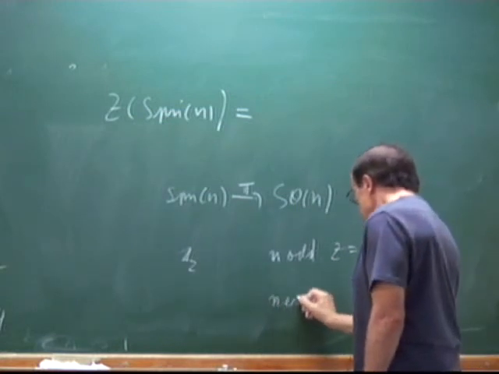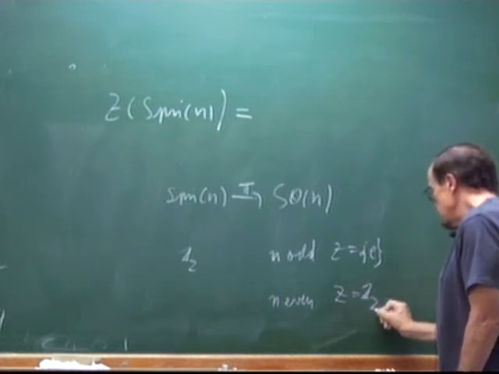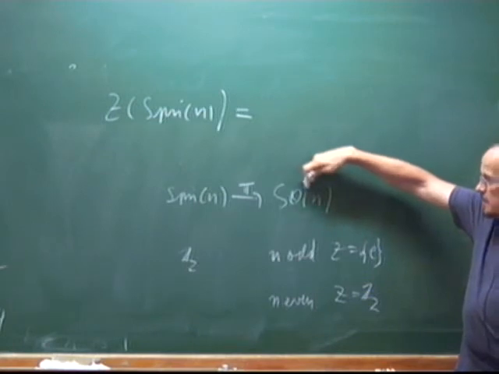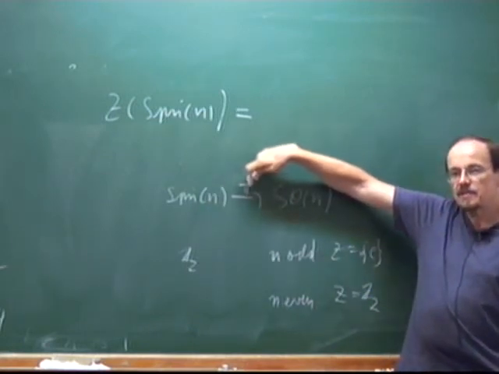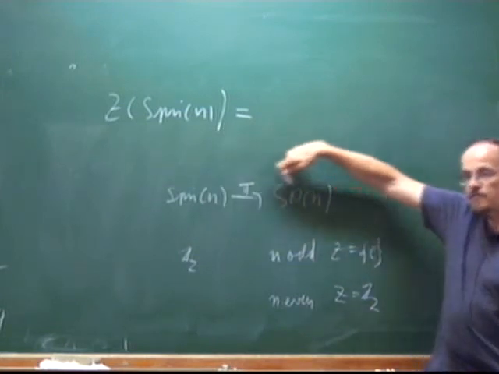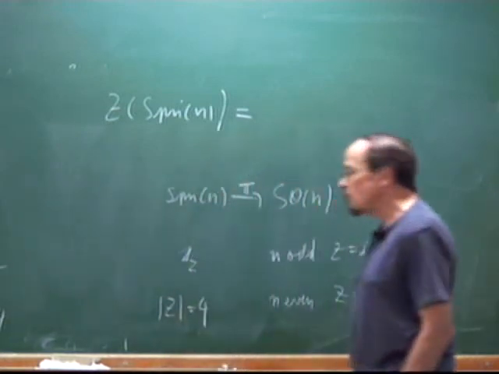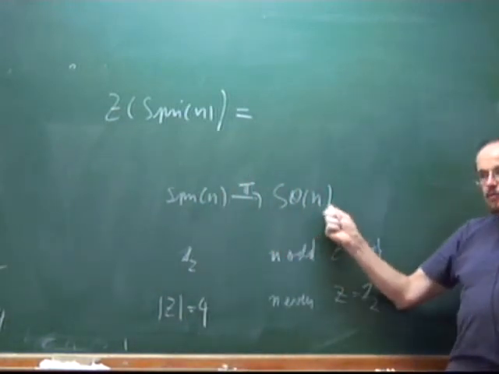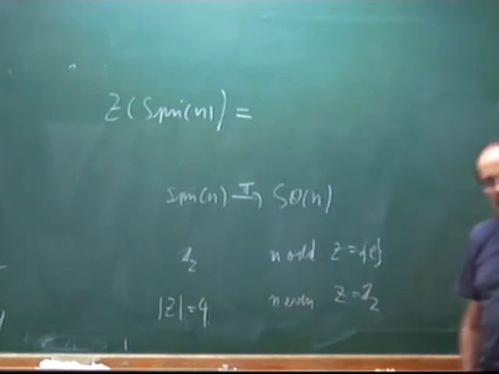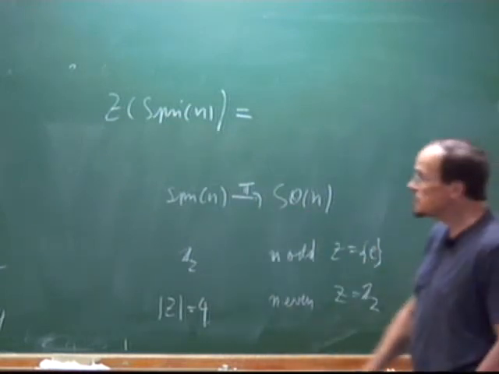When n is even, the center on the right-hand side is Z2, plus or minus identity. So I have a center here with 2 elements. I take the image under the cover, because everything in the kernel also lies in the center. So that's another Z2, so at least it's of order 4: 2 from the kernel and 2 from the image. But which group it is, this homomorphism doesn't tell me, and there's a difference.